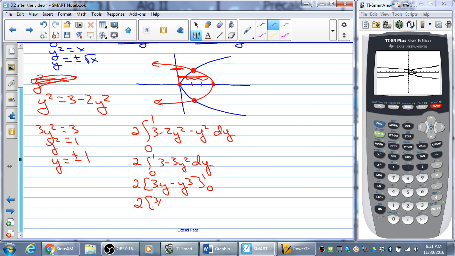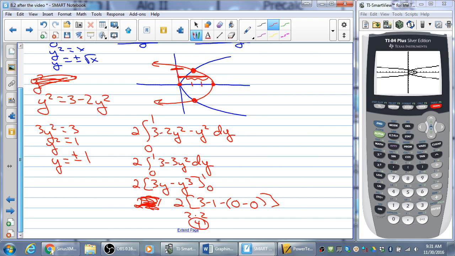Wait, did I integrate already? I'm losing focus here. Yes, I integrated already. So 2 times 3 minus 1, minus, I'll even write it this time, 0 minus 0. So 2 times 2, 4.